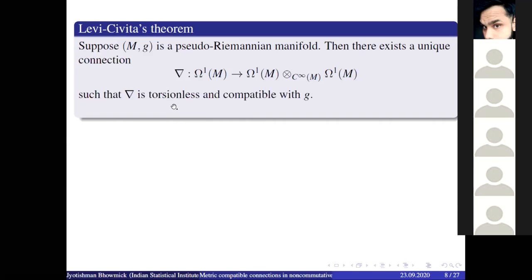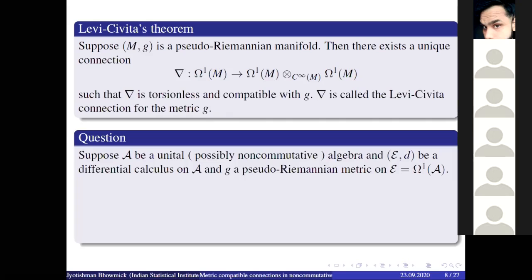We have seen what torsionless means, and in the previous slide we saw what compatibility means. This nabla is called the Levi-Civita connection for the metric G. Of course, if you change the metric G, you will have a different connection. And it's important because whenever we talk about the different types of curvature of the manifold, it's the curvature of this particular connection. So it's an important object.